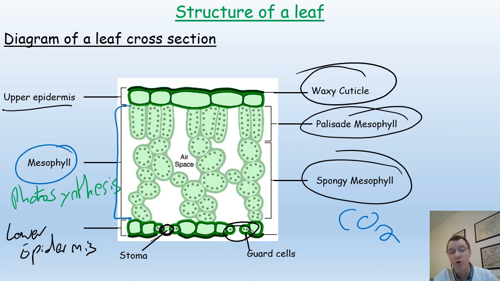One stoma and many stomata. Stomata is the plural. And the stomata and the guard cells control the movement of air into the leaf and things like oxygen out of the leaf and water leaving the leaf.